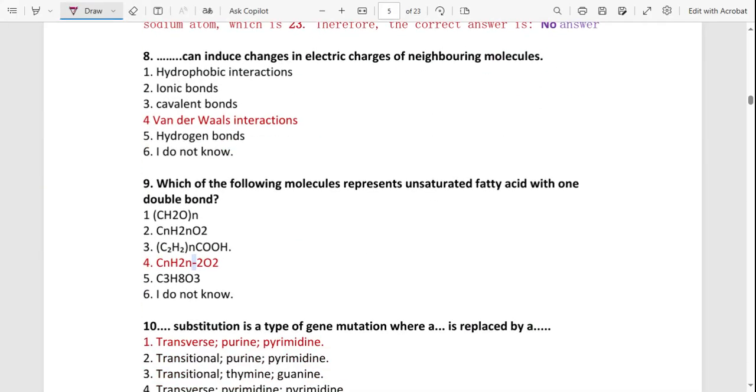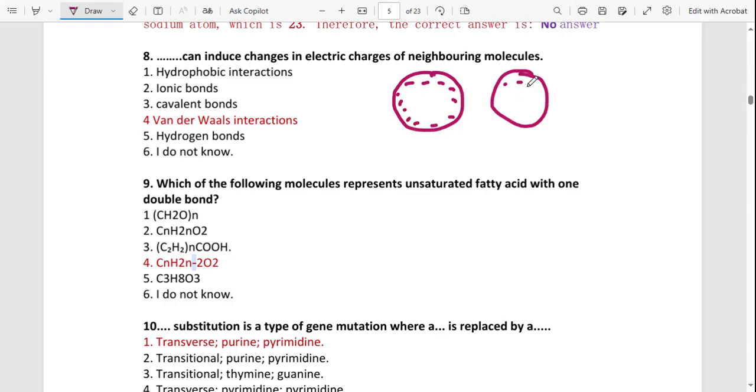Number 8 is saying, dash can induce changes in electrical charges of neighboring molecules. Hydrophobic interactions, ionic bonds, covalent bonds, Van der Waals interactions, hydrogen bonds. Van der Waals interactions: what happens is that when you have two atoms like this, now for the atom we have got negative charges, right?